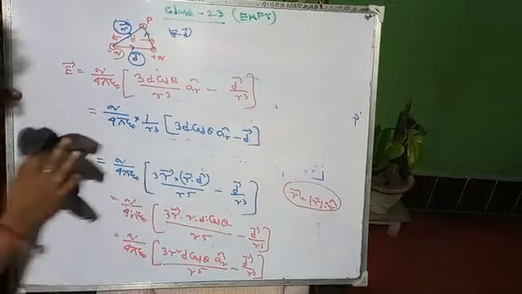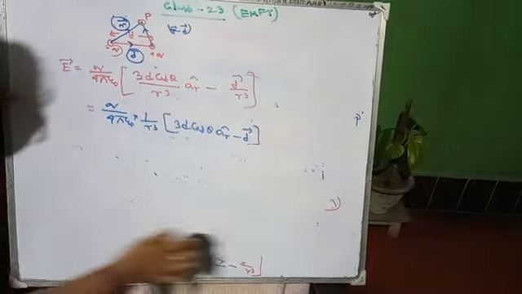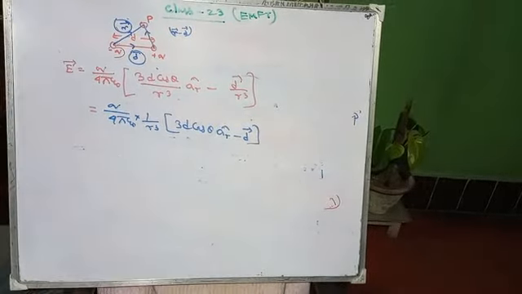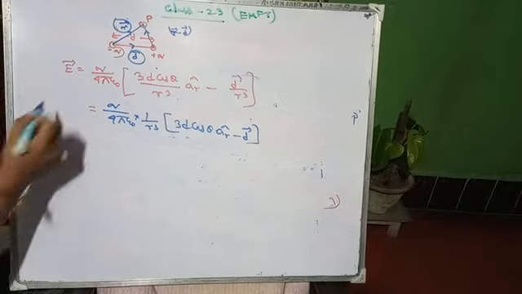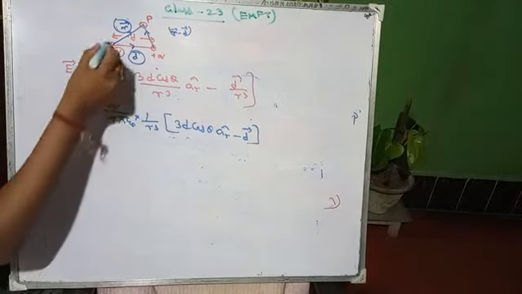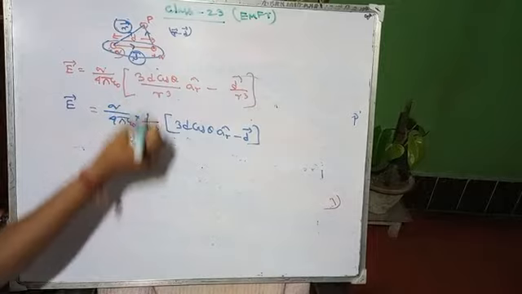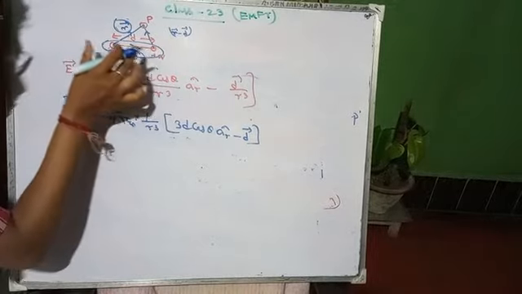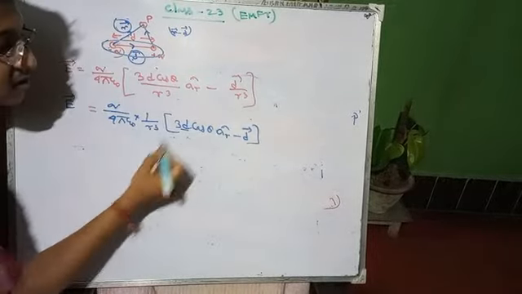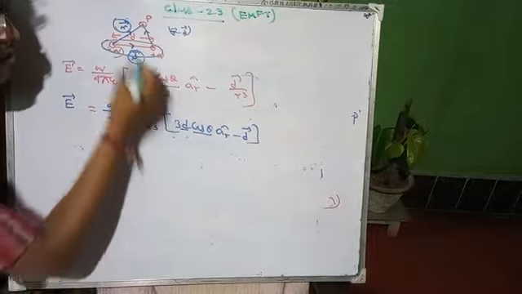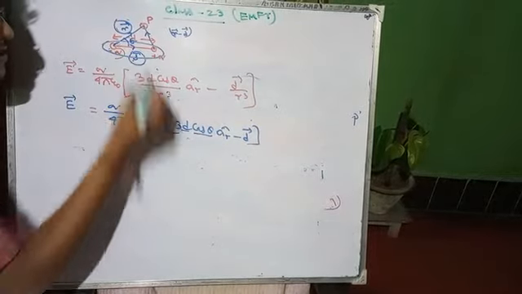So you can see that there is only one term which is not constant here. For this dipole system, d is constant, and cos theta remains constant because we are taking theta as a constant.